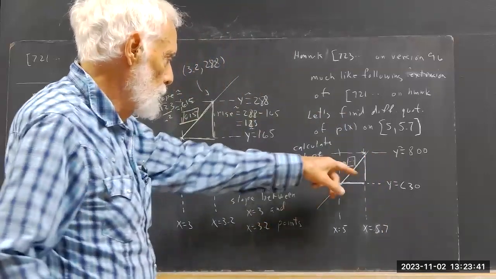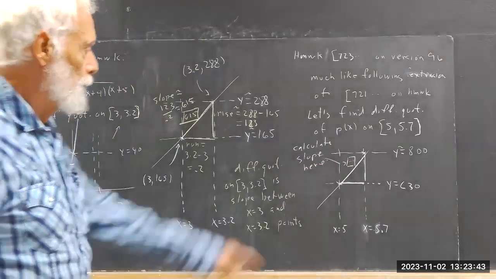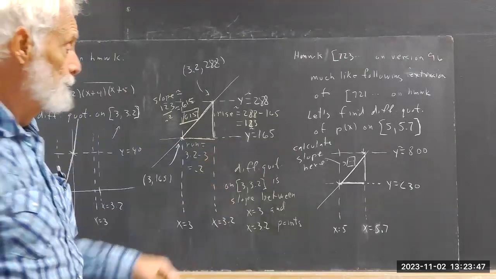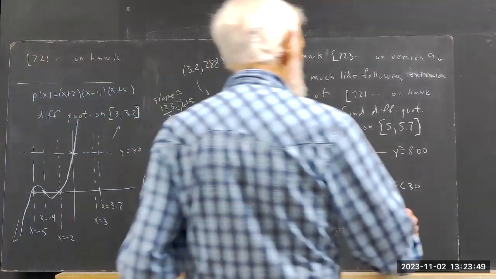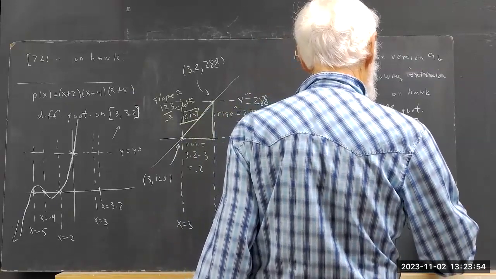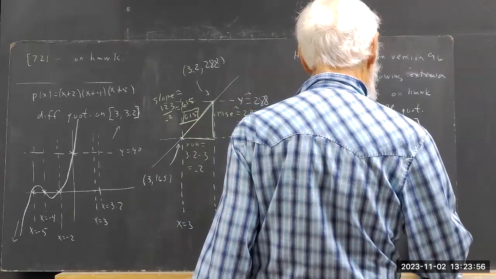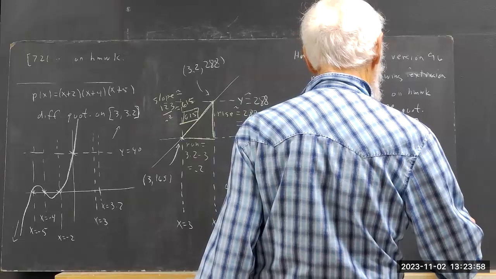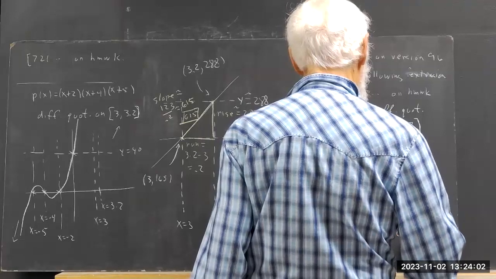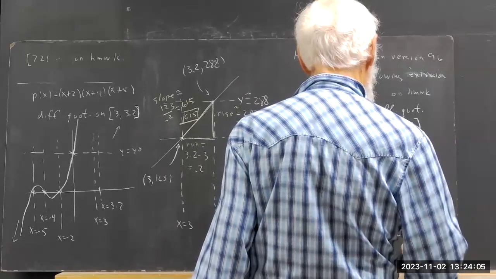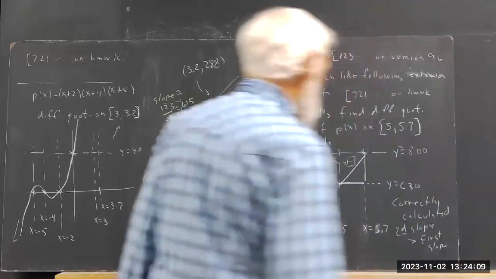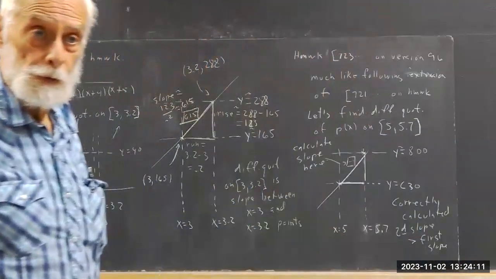You've got to calculate your slope and put it in the box. And you're going to find that this slope is bigger than this one. Now, correctly calculated, the second slope should be greater than the first slope.